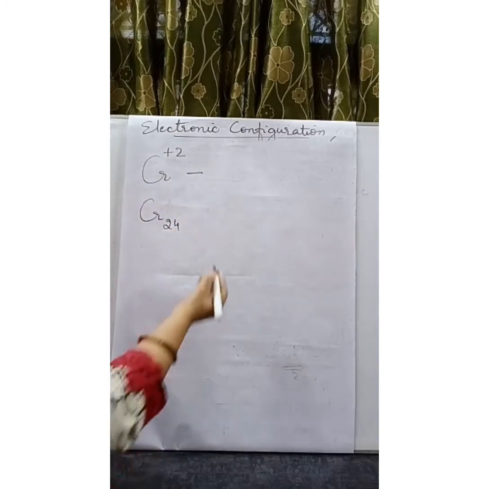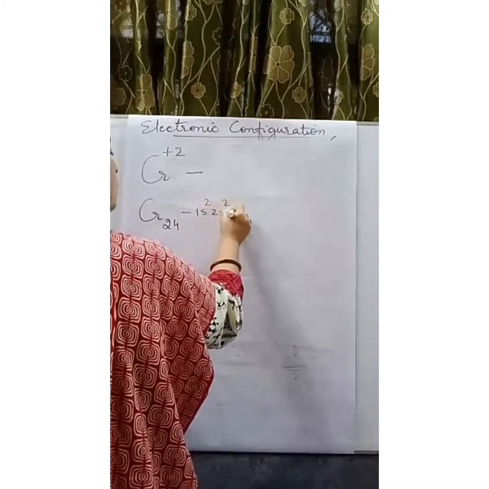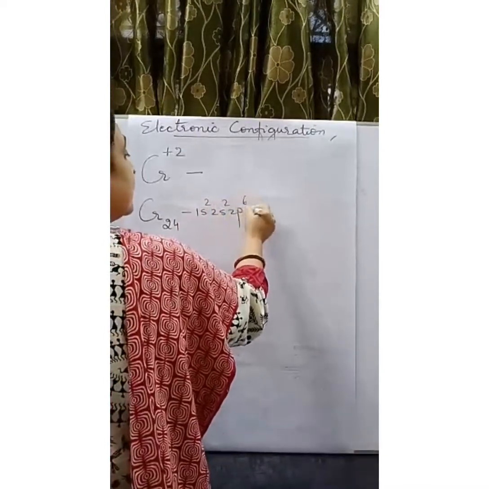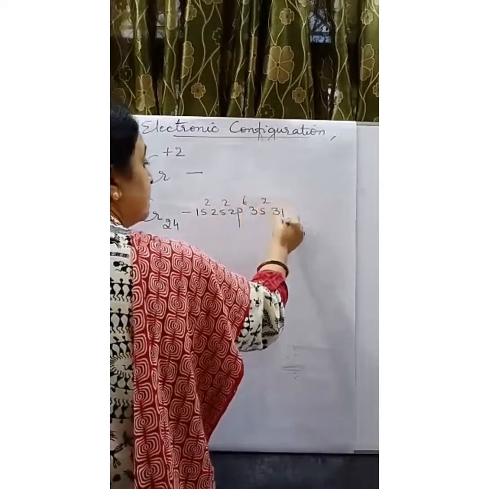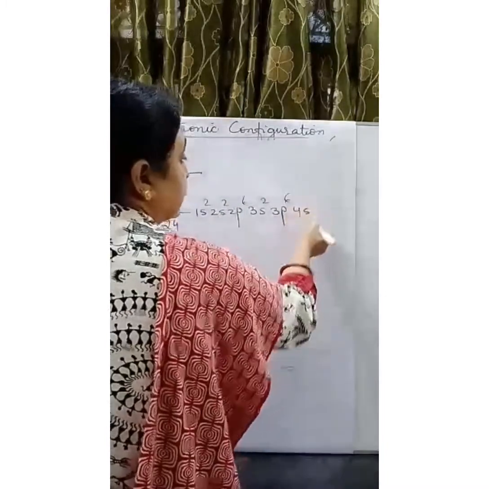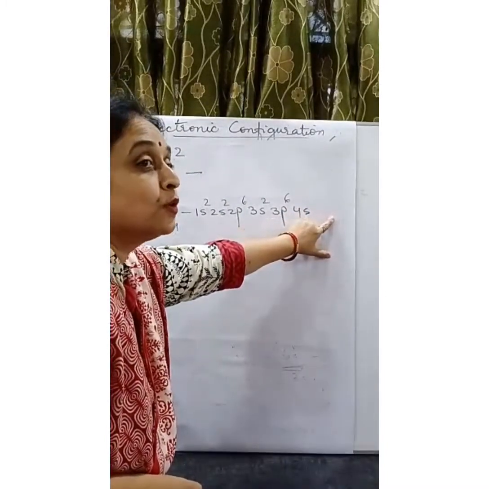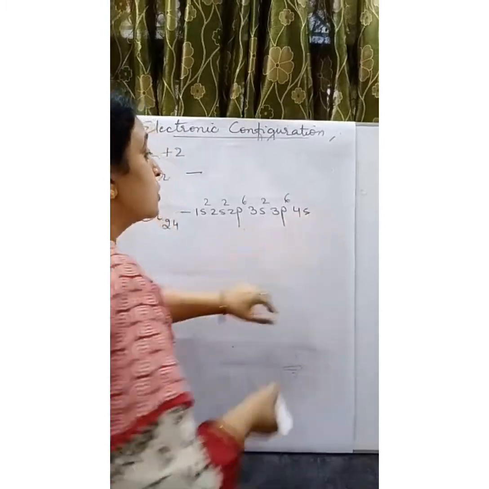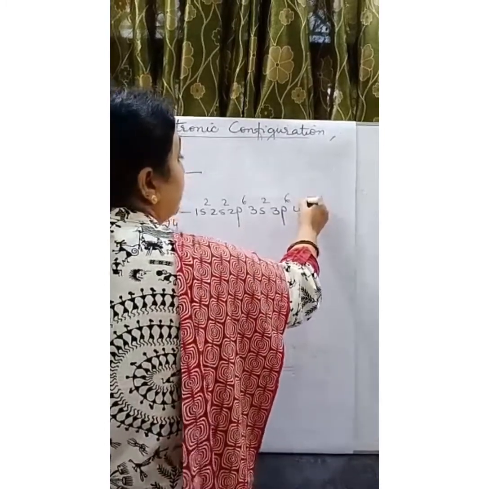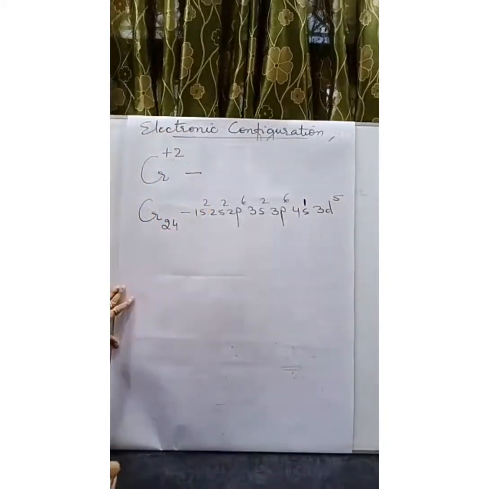Put down the electronic configuration first. 1s2, 2s2, 2p6, 3s2, 3p6, 4s2, 3d4 will come. So you know that 4 is very close to stability, so one electron will be pulled from s. So this is the configuration of chromium.